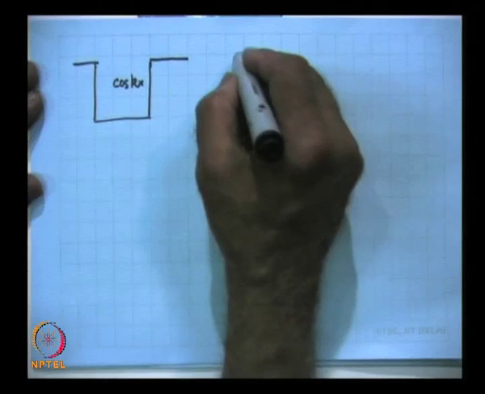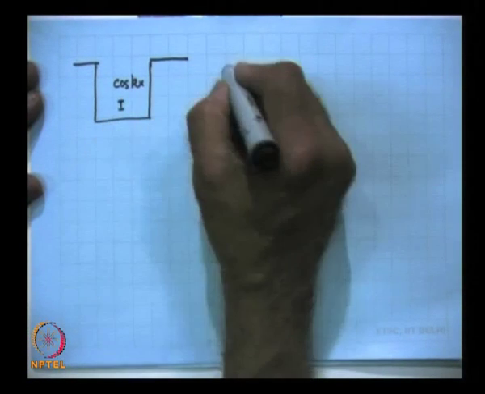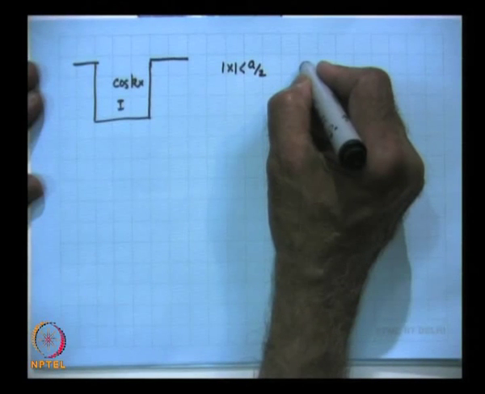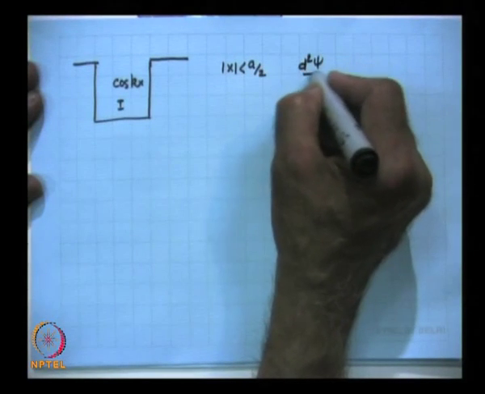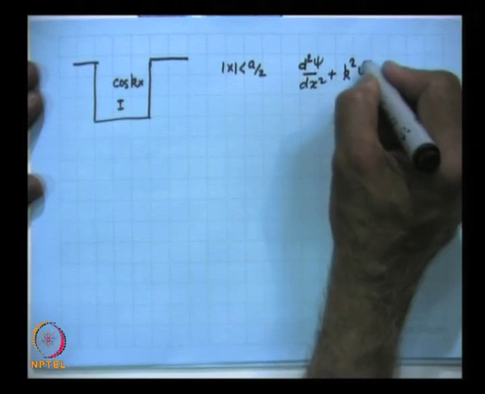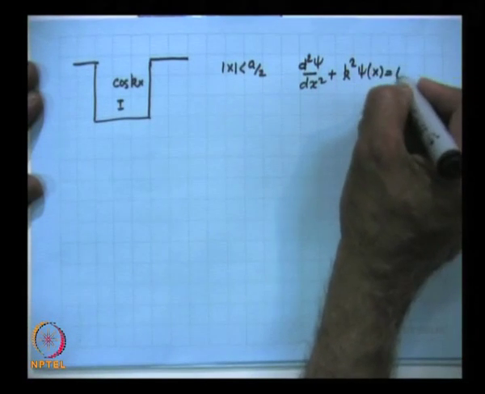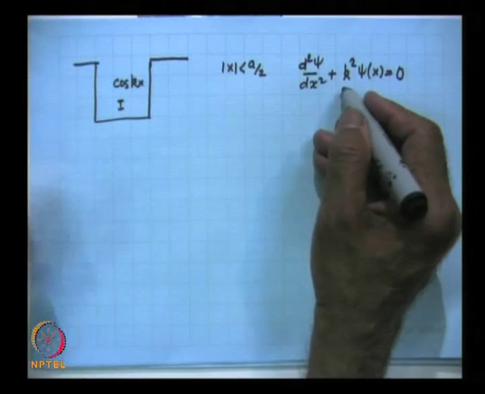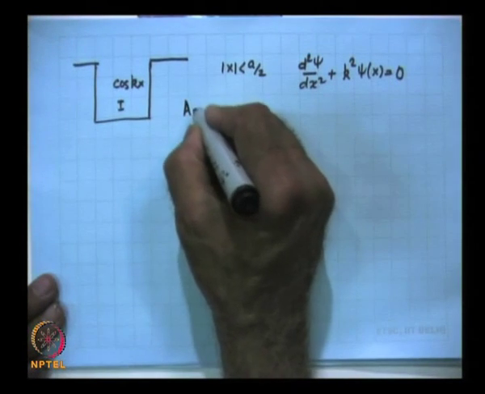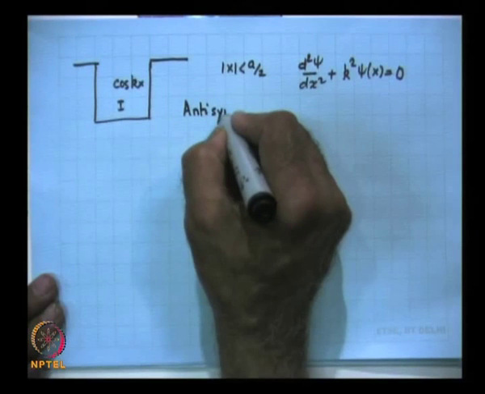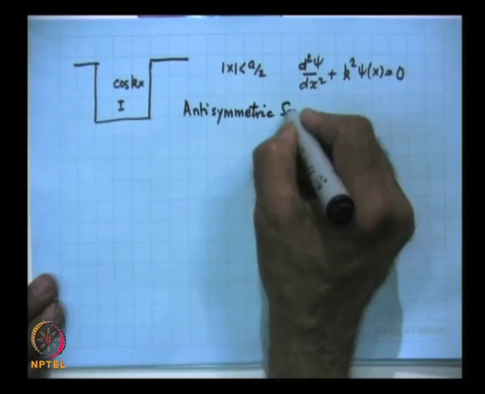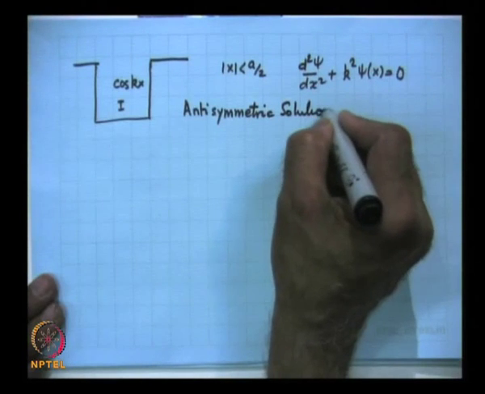Now, in region 1, so region 1 is x less than a by 2, the Schrodinger equation is d2 psi by dx square plus k square psi of x is equal to 0. So, solution can be either cos k x or sin k x. So, we now consider the anti-symmetric solution.